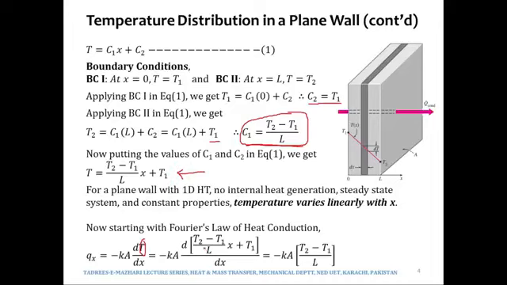So we will put this whole function in here. If we now differentiate this thing written in the square brackets, the differential of mx would be m, meaning T2 minus T1 over L, and the differential of T1 with respect to x will be 0. So we will get Q as minus kA times T2 minus T1 over L.